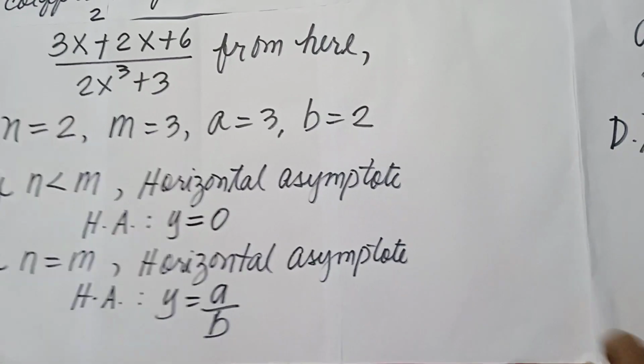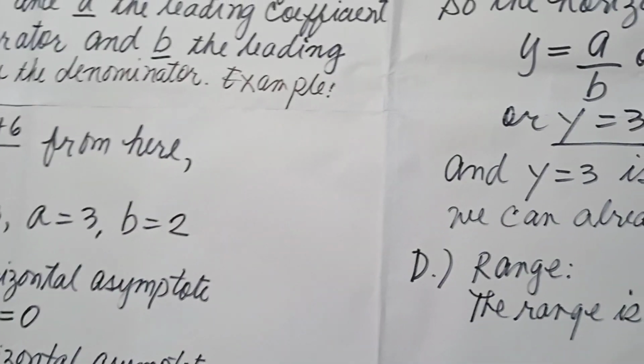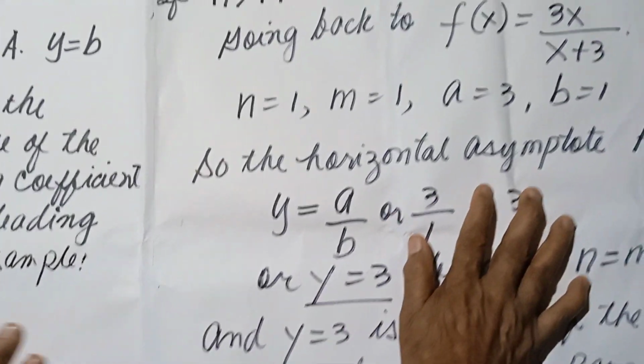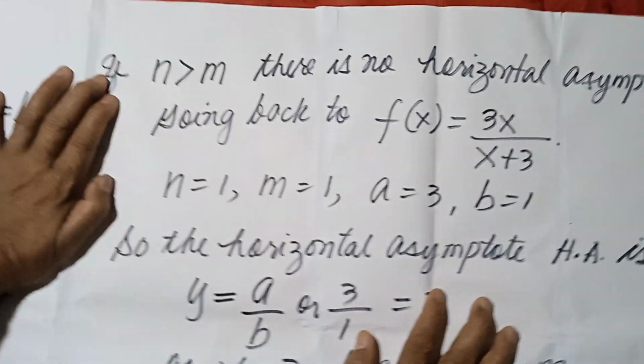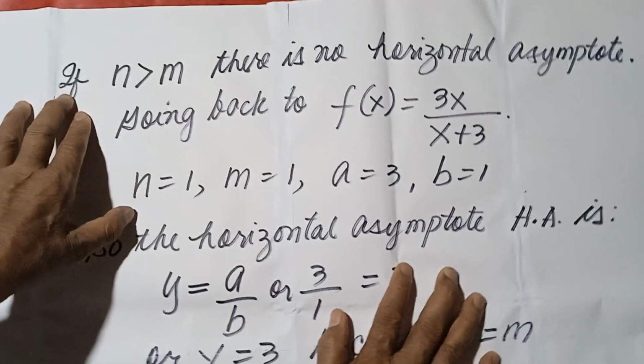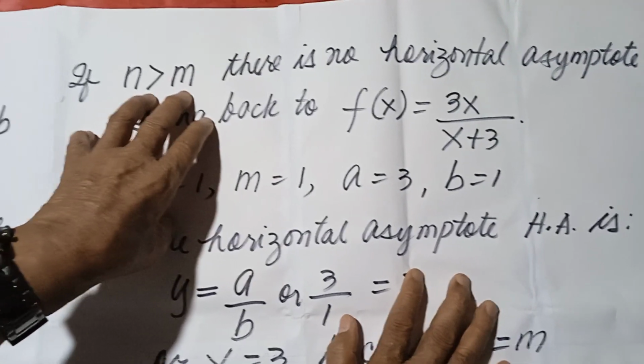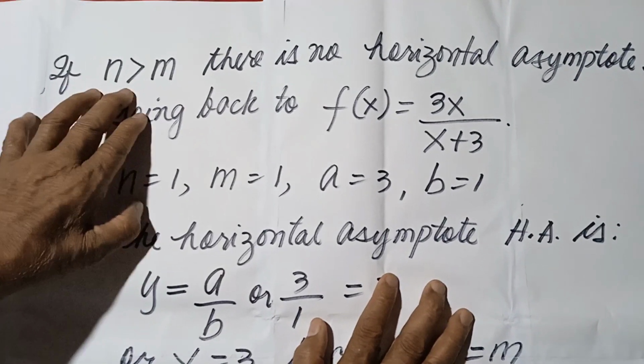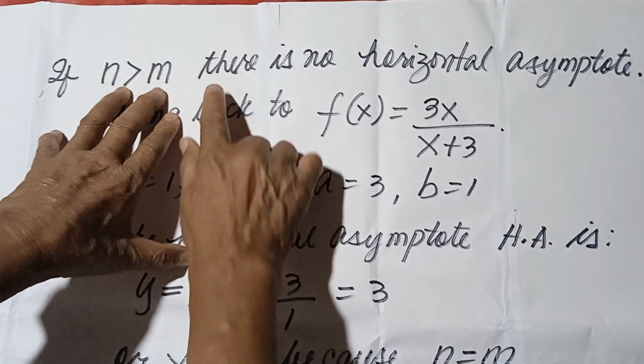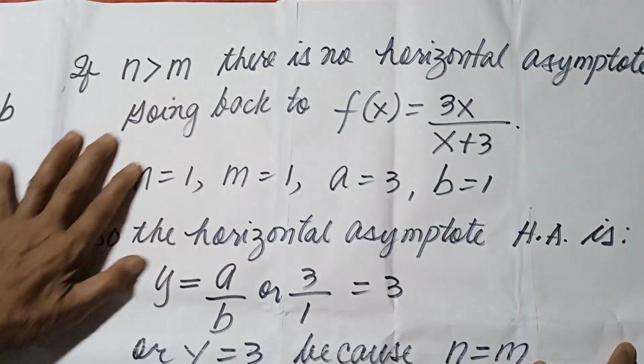And the third one, because there are three cases: if n is greater than m, there is no horizontal asymptote.